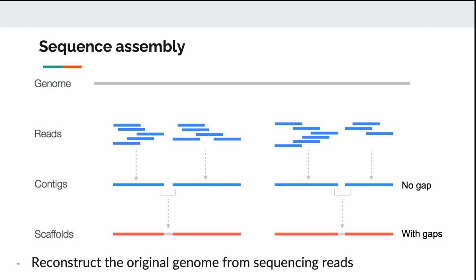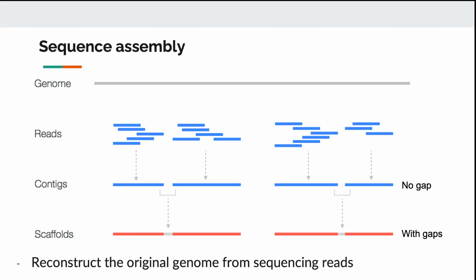Okay, so when we talk about sequence assembly, the concept is very simple. We start with a genome, and we fragment the genome when we do the sequencing, because we cannot sequence the entire chromosome at once. So we end up with reads that are usually very short, right? With short reads, one of the problems is that when we map them back to the genome, we sometimes are not sure where they belong, because there are many regions with the same sequence.